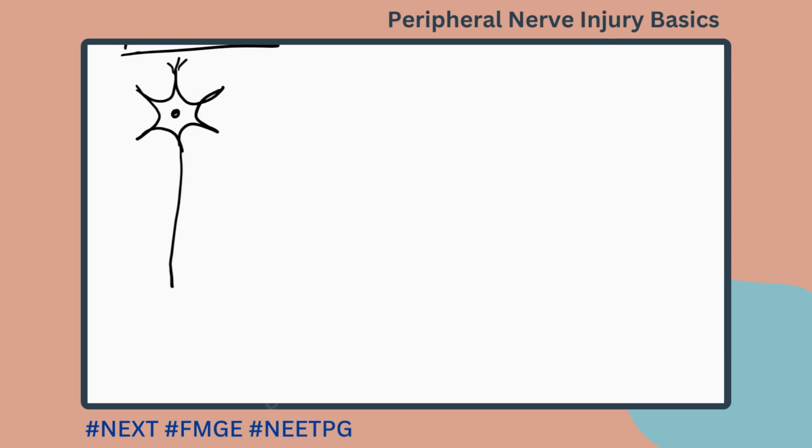From the cell body there are small nerve filaments called dendrites, and there is one long process, the axonal process. This is called the axon, and this axon is covered by a sheath called the myelin sheath. This nerve goes and innervates a muscle.